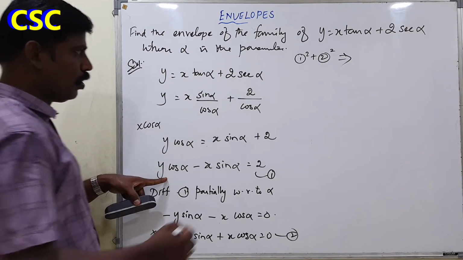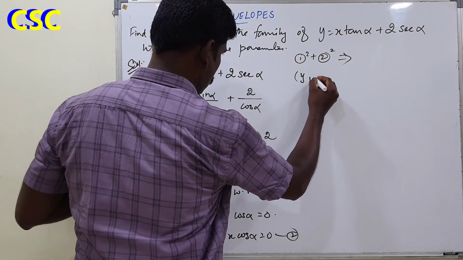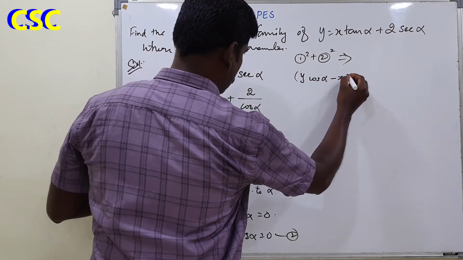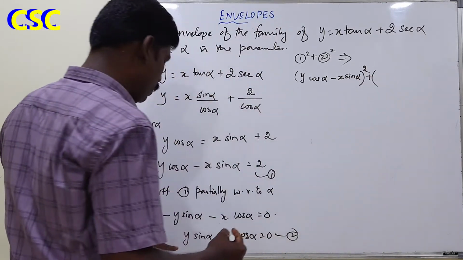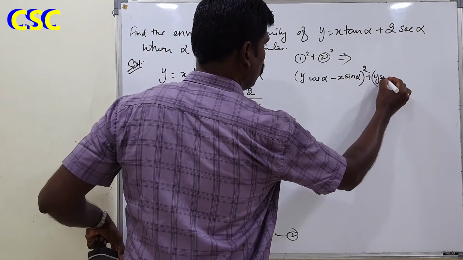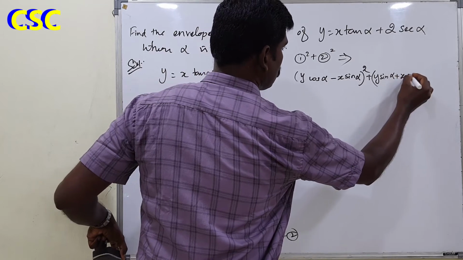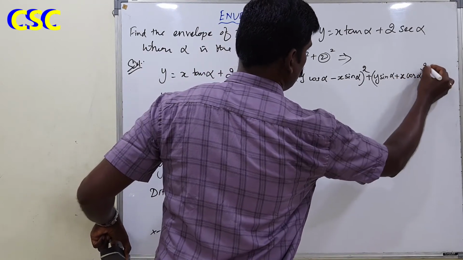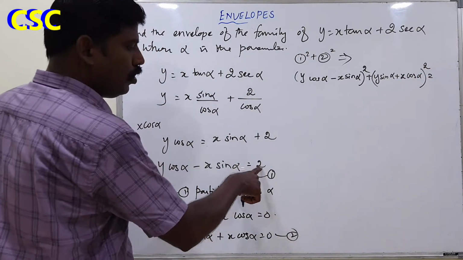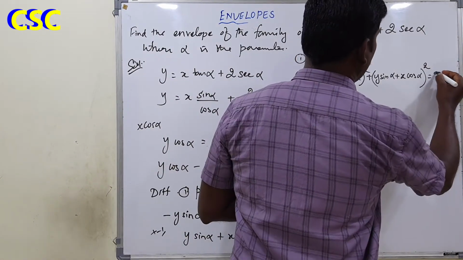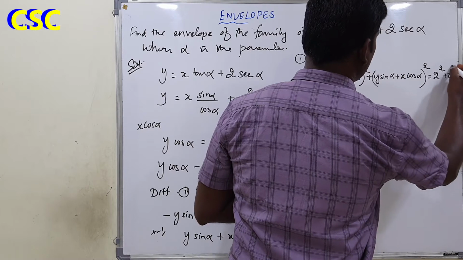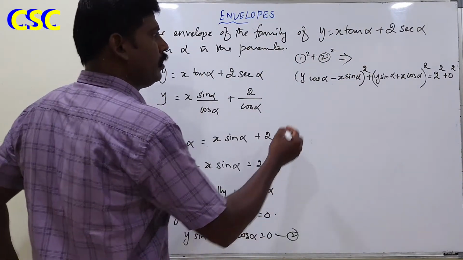Take the square of this one. So it becomes y cos alpha minus x sin alpha the whole square plus y sin alpha plus x cos alpha the whole square equal to what is on the right hand side? 2 square plus 0 square. Isn't it? Right? That's all.